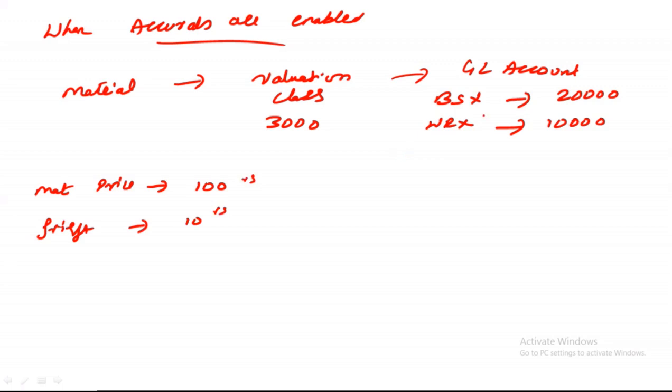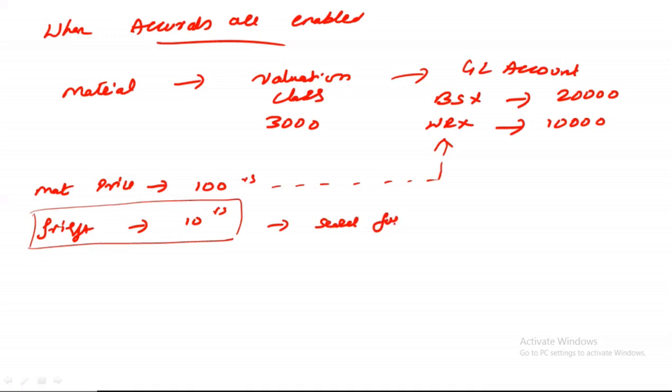As you have enabled the accruals, from this account you are going to pay only 100. And for this 10, the system will search for the GL account. You are going to create one more transaction key, it might be FR1, and assign the account to it. This 10 rupees will get paid from this account.